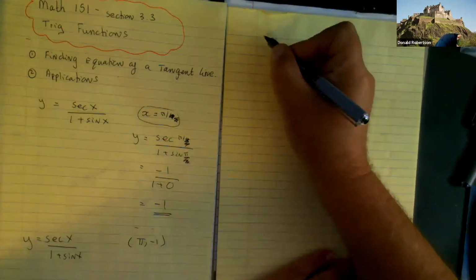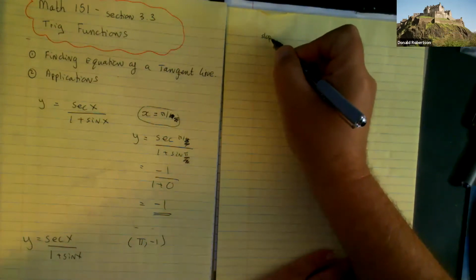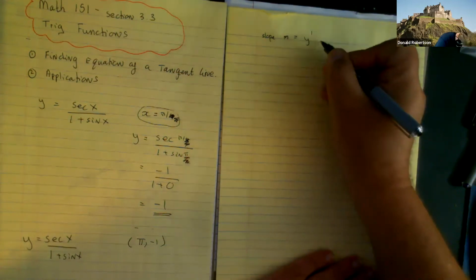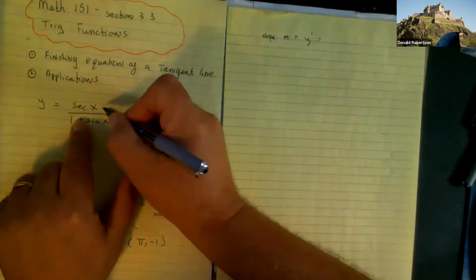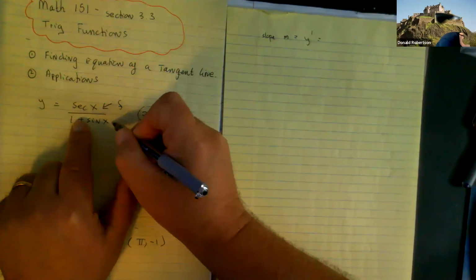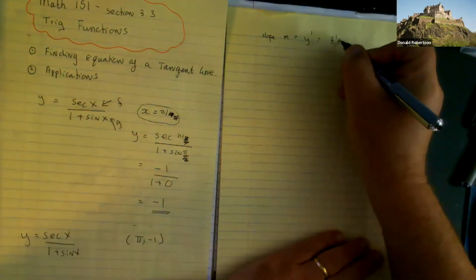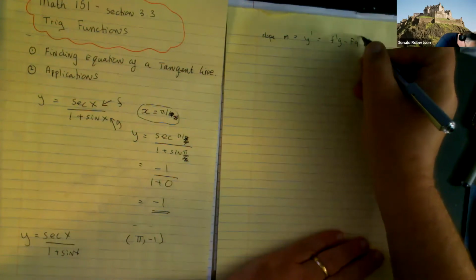So now we find the slope of the tangent, and we get that by finding the derivative. In this case, we have an f and we have a g, so it's going to be a quotient law.